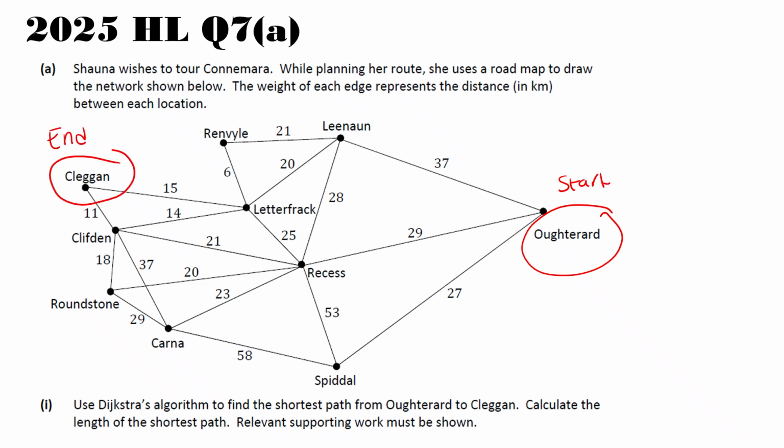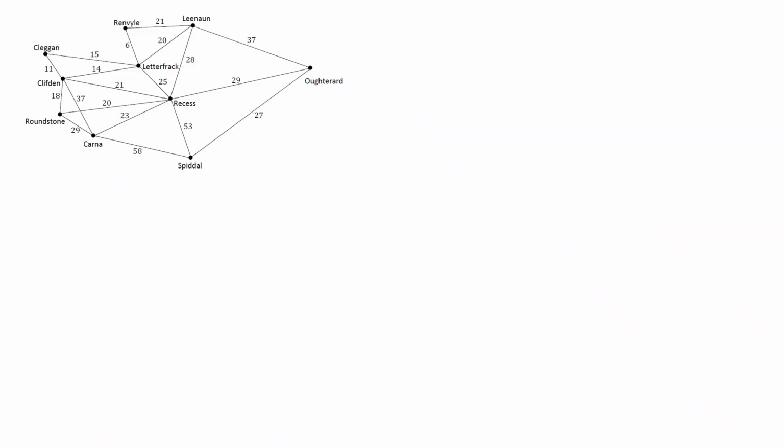Another unusual feature is the use of full names as opposed to letters, which is something we tend to see more simplified for Dijkstra's algorithm. Could we just use the first letter of each? Be aware that if you do that, we have a lot of overlap. We have two L's, three C's, and three R's. So if you're going to shorten this, we need to be really, really careful.